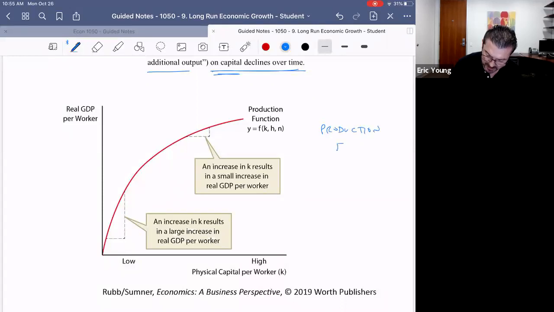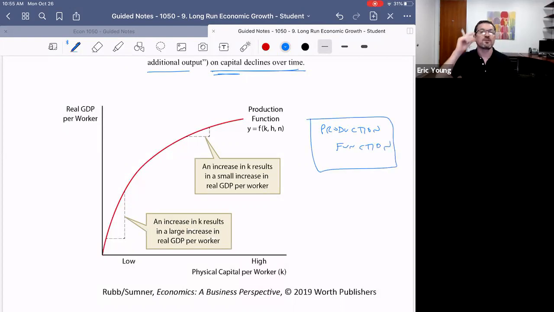Now, we're going to go into this in more detail in a few minutes, but basically, a production function simply gives you a sense of the relationship between input and output, okay? In this production function, up here, we're measuring real GDP per worker, and down here, we're measuring it against physical capital per worker.